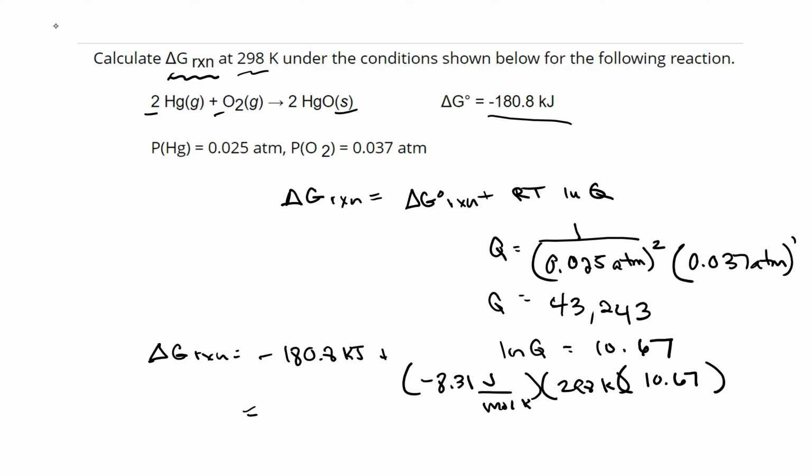And what we're going to end up with here, there's no negative here, sorry guys, is negative 154.4 kilojoules, once we adjust for joules going to kilojoules on this term.